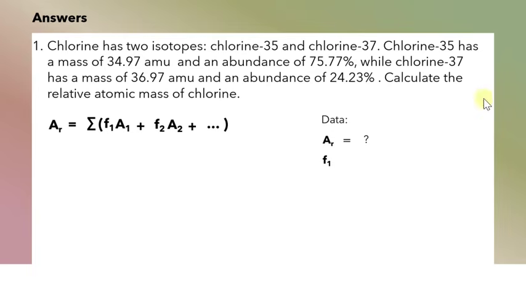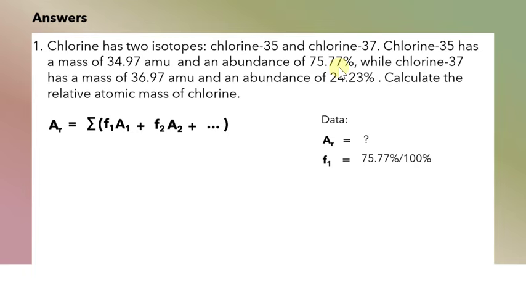And F1 is the fractional abundance of isotope 1. So we have this isotope here. Chlorine 35 has a mass of 34.97 AMU, which is atomic mass unit, and an abundance of 75.77. This is a fractional abundance quantity. Fractional abundance is a quantity given in percentage, so it is equal to 75.77%.